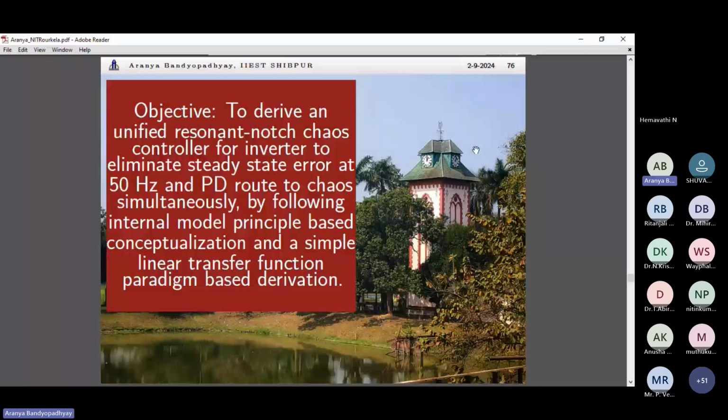Then, in turn, we can also say that the basic fundamental theory of the notch filter in delaying the onset of instability also derives from the internal model principle, right? So we will try to combine the case of the notch filter and the proportional resonant controller into a single transfer function, if we can do so.